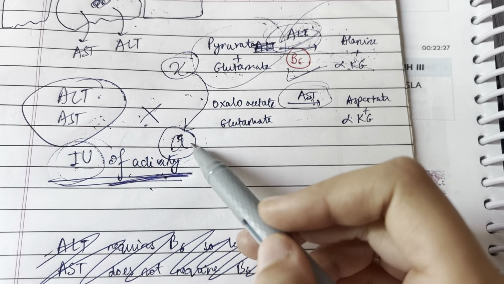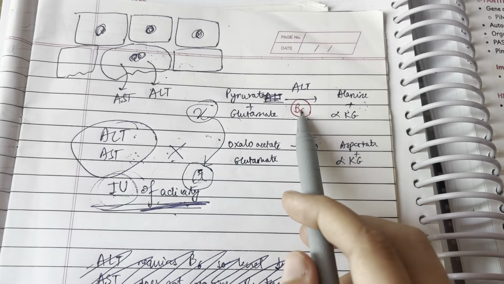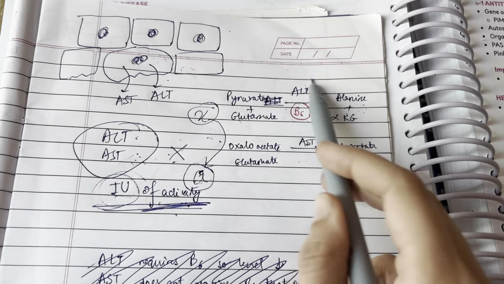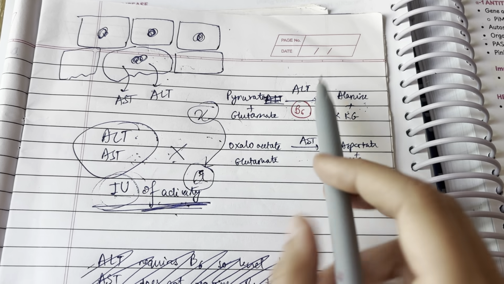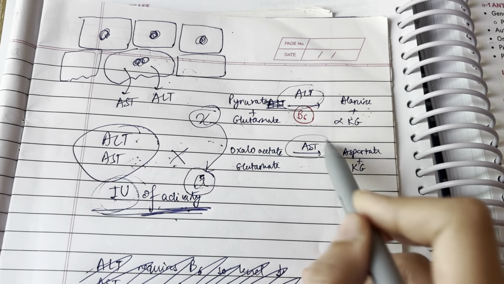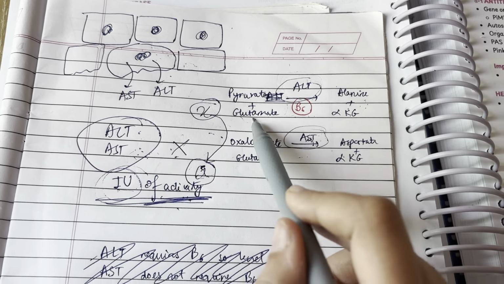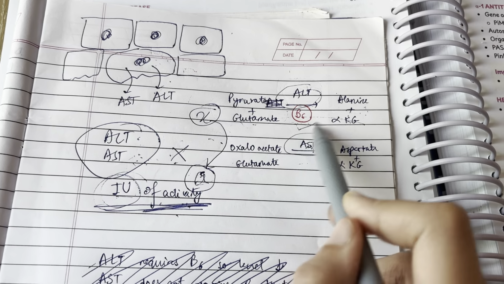That is what we thought in simple cases, which is why probably the mass of ALT in the blood, the amount of molecules of ALT present in the blood, must be high. They must be even higher than AST. But the activity is blunted because it requires B6 to act.